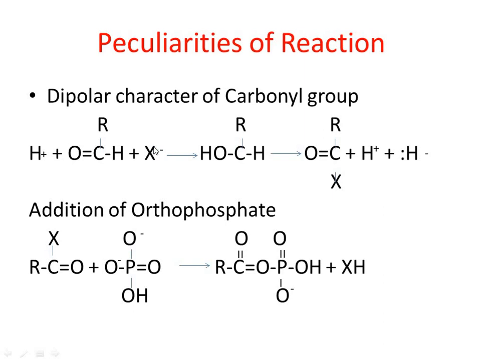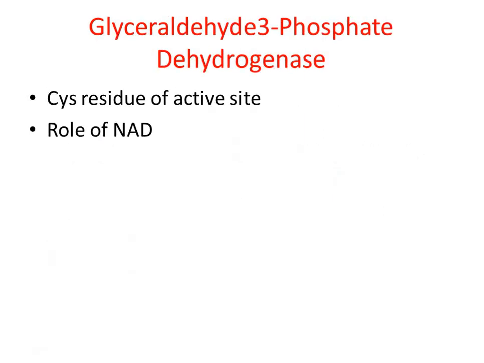Furthermore, some of the free energy of the oxidation is preserved in the acyl intermediate. Addition of orthophosphate to this intermediate yields an acyl phosphate, which has high group transfer potential. Now we will see some of the characteristics of this enzyme.